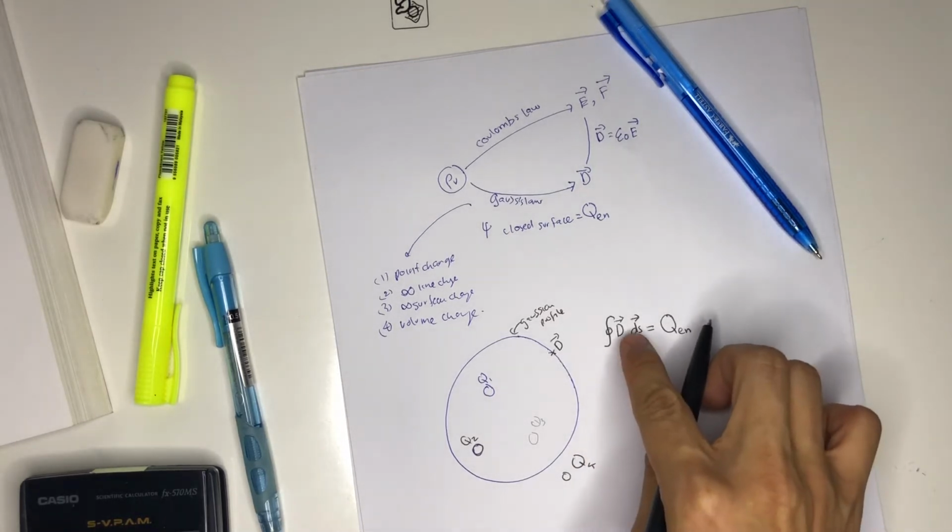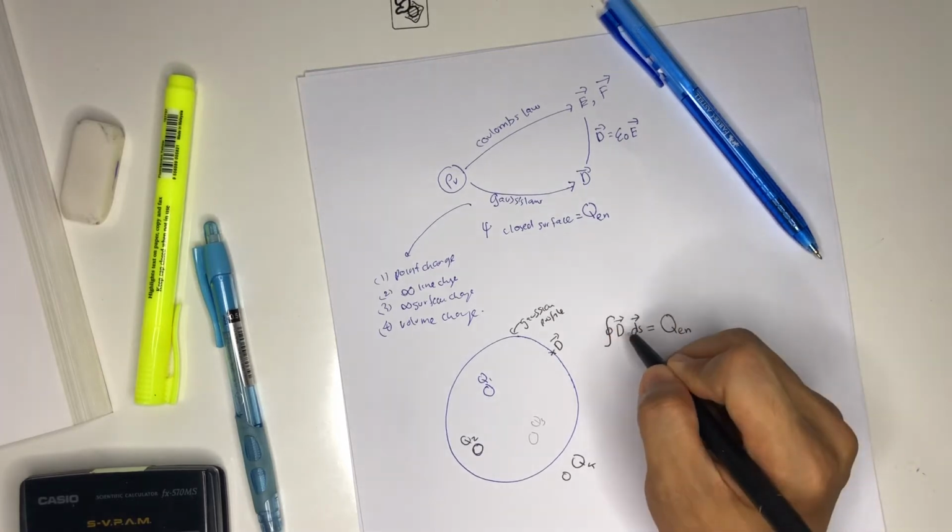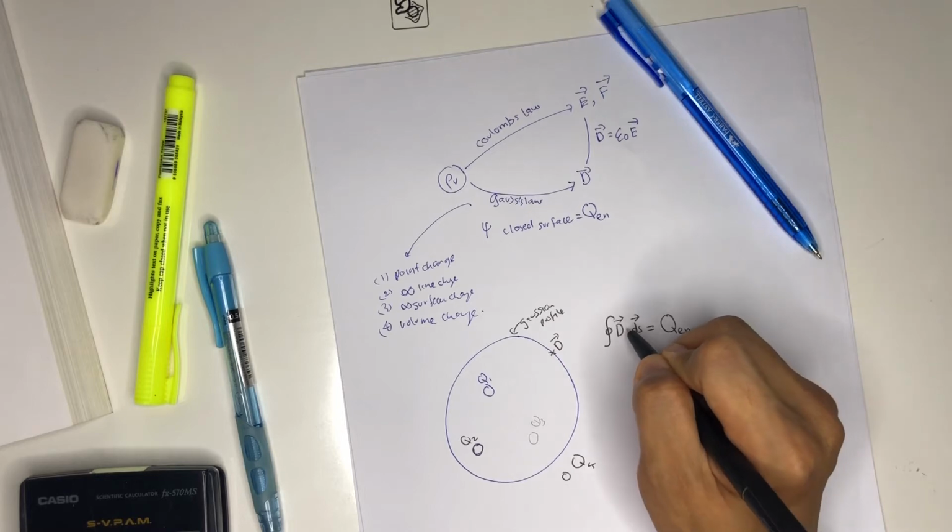What relationship between this and this will produce a scalar? Is it dot or cross? Yes, it is dot.